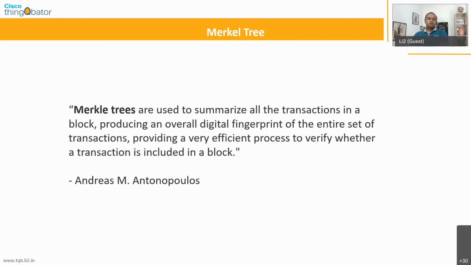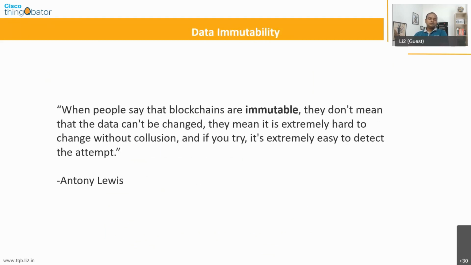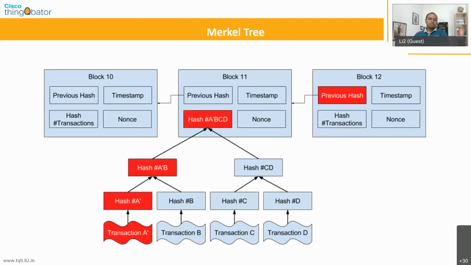So when we talk about data immutability and Merkle trees, anyone can change data in a blockchain, but the moment they try changing the data, it breaks the chain, and the moment the chain is broken, they have to wait till they get the copy of the actual chain to do any valid transactions in the network, right? So that's what Merkle is all about.